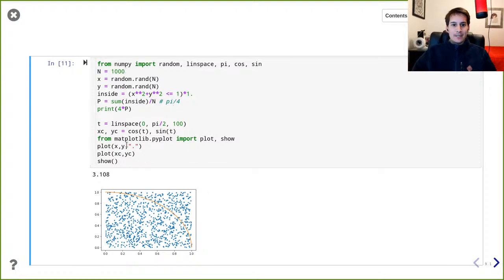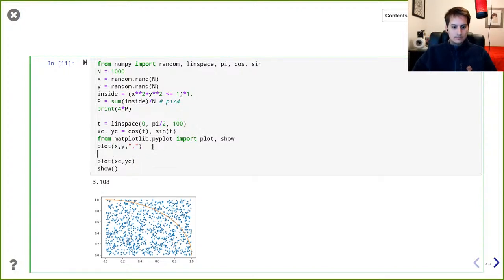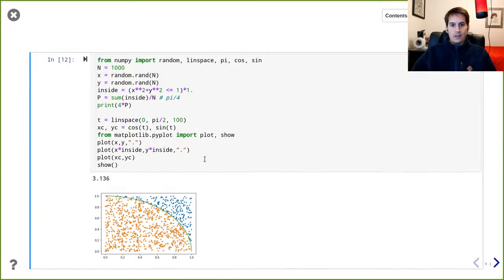So basically, we can also show the points that landed inside the circle by multiplying by this inside. There.